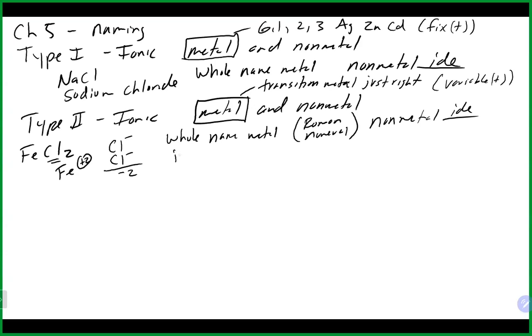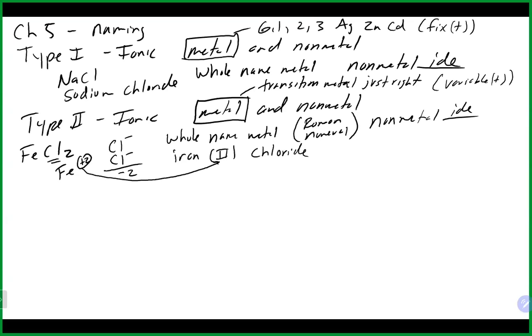That means this name would be iron Roman numeral 2 because of the positive 2 charge on the metal. And regardless of how many of the non-metals you have, you do not use prefixes. So this is iron Roman numeral 2 chloride, not dichloride, unless you would like a line across it. Yeah, so do not use prefixes here. There is a place for prefixes, and it is not here.